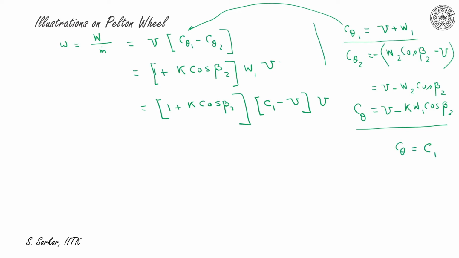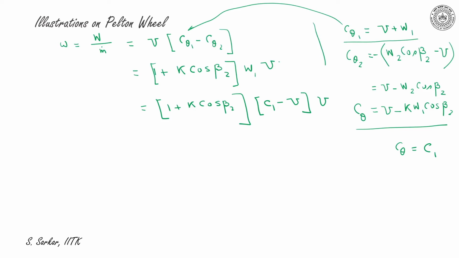Now I know the value of K, I know the value of beta 2. I have estimated C1 and U, and thus I have estimated U rather. I also know the value of C1.